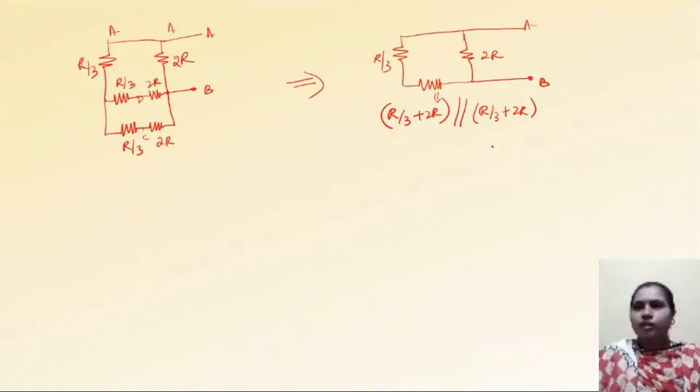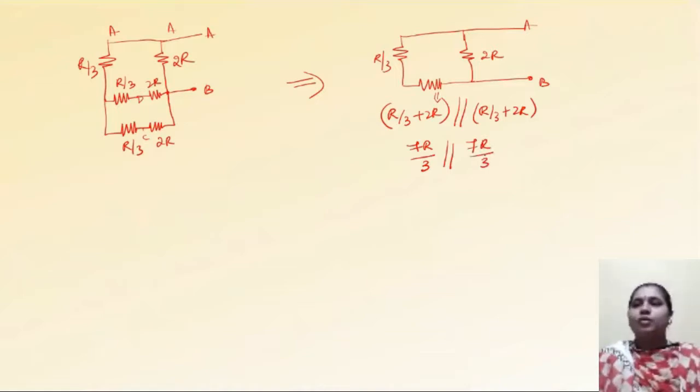As these two are in parallel, you can directly make it half. R by 3 plus 2R is 7R by 3, in parallel with 7R by 3.